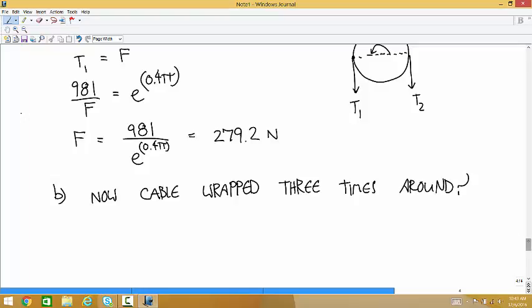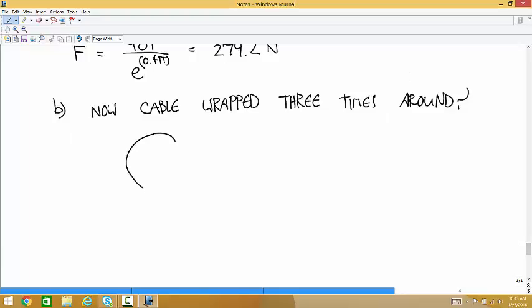So in this case, there's the pulley. The force of 981 is on this side. The cable goes all the way around once. That's 1 pi. That's 2 pi. Again, 4 pi. Again, 6 pi. And then another 1 pi to come over here. And there's our T1.